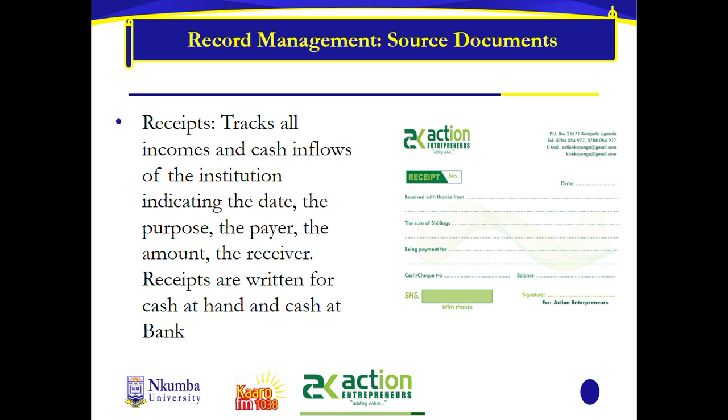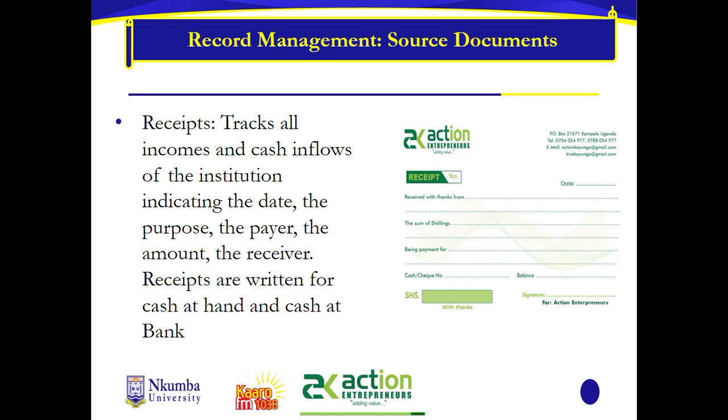And if one gave accountability without these source documents, then that accountability cannot be considered as valid. So we have what we call source documents, and we also have support documents in accounting.